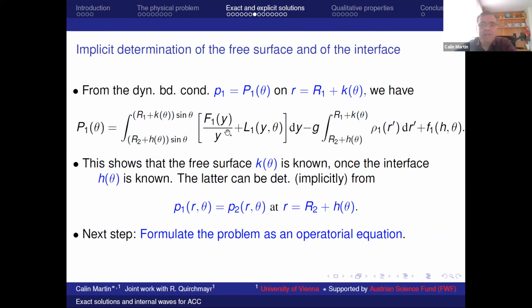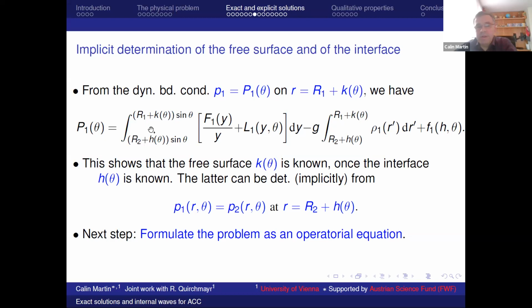So this is actually an implicit equation for K and H. Again, K is the surface and H is the interface. It appears also here, surface and interface. So it is apparent from this formula that once the surface is known, the interface is also known.